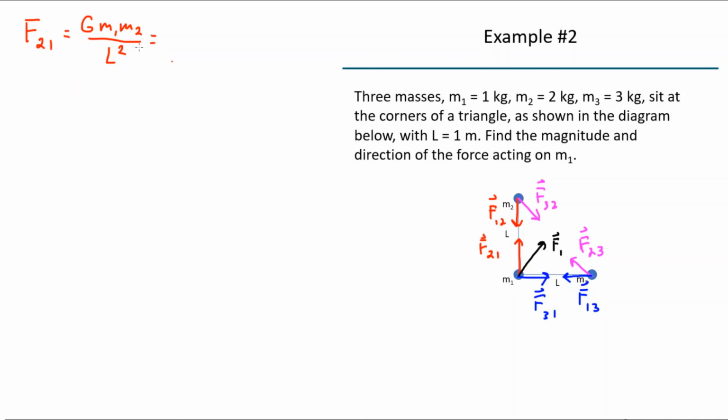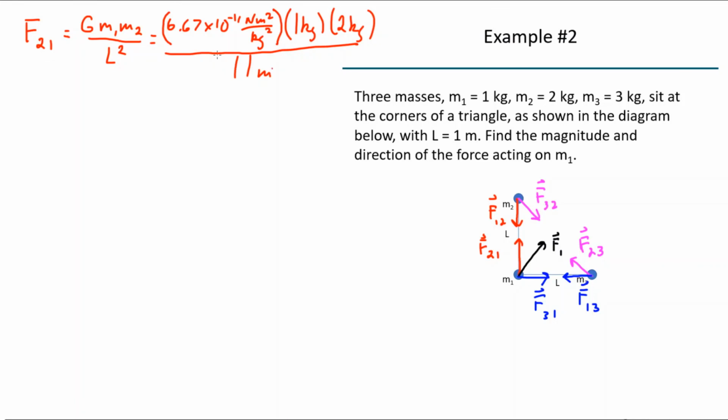So if I plug my numbers into this, I get G is 6.67 times 10 to the minus 11 newton meters squared per kilogram squared times M1 is 1 kilogram, M2 is 2 kilograms, and then I divide this all by 1 meter squared, and I get that this equals 1.33 times 10 to the minus 10 newtons.